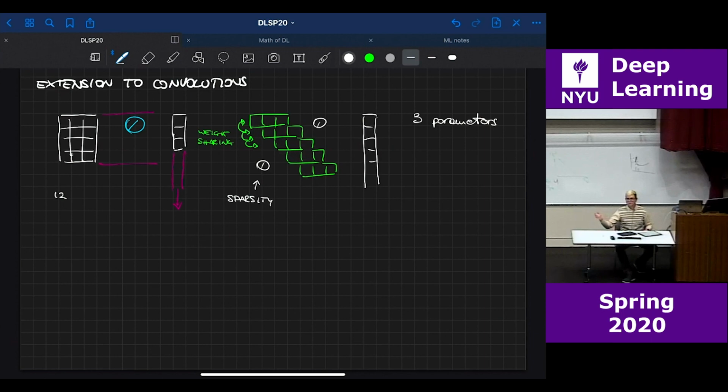You have 3 parameters on one side, and on the other side you have 12. That is good, using locality, sparsity and parameter sharing, but now we end up with just 3 parameters. Isn't this too restrictive? How can we have multiple parameters? What's missing here in the big picture?